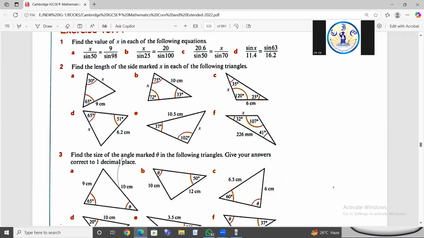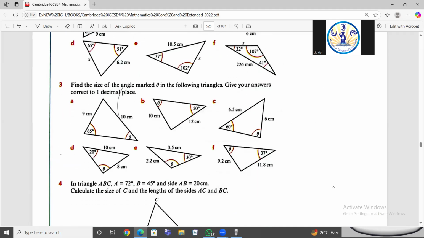In the same way, the remaining parts are to be done. So I'm just proceeding to the next question, question number 3. Find the size of the angle marked theta in the following triangles. Now we need to find out the angle. So the angle theta is opposite to 9 centimeters and the 65 degrees angle is opposite to the side 10 centimeters.